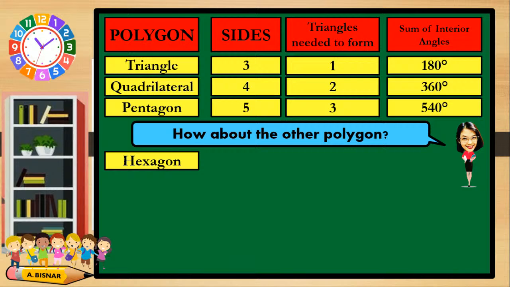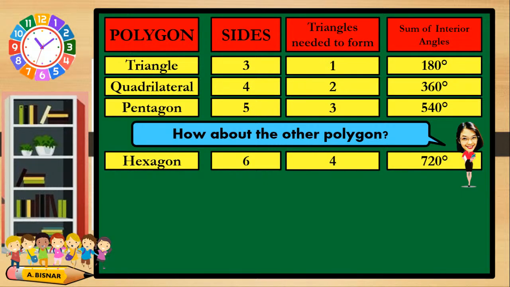Okay, si Maesto and si Eka. Let's try to check if your answers are correct. Hexagon has 6 sides, and therefore you need 4 triangles to form, and the sum of the interior angles is 720 degrees. Very good.